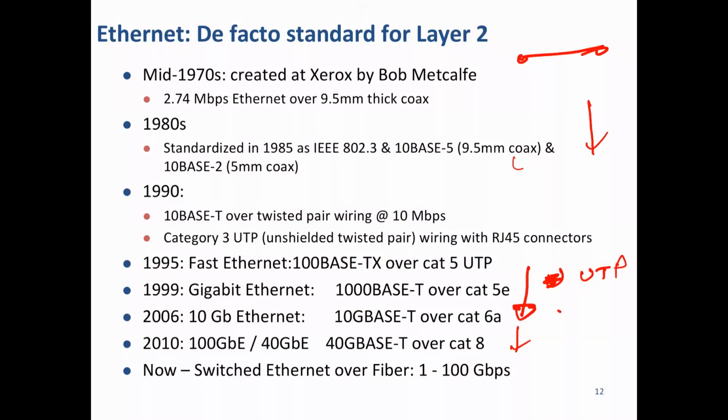For example, in 2010 we could get 100 gigabit per second Ethernet or 40 gigabit Ethernet using Category 8 cable. And now of course we have switched Ethernet, so we can use fiber, which can go up to 100 gigabit per second. In fact, there are experiments at 400 gigabits per second. This technology is there, but not many people are using it.